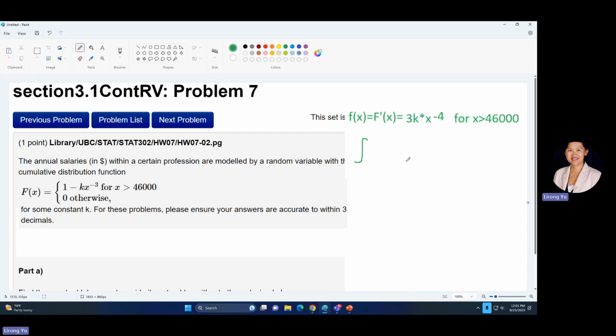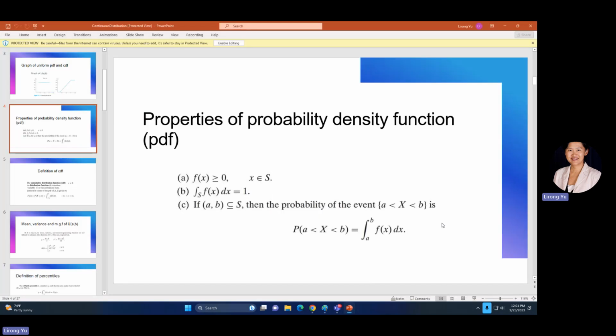Since it's 0 everywhere else, there's no need to integrate below 46,000. So we integrate from 46,000 to infinity of f(x) dx, which is supposed to equal 1. This is our requirement for any density function.